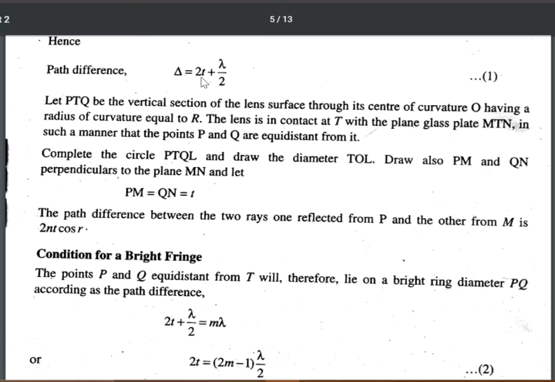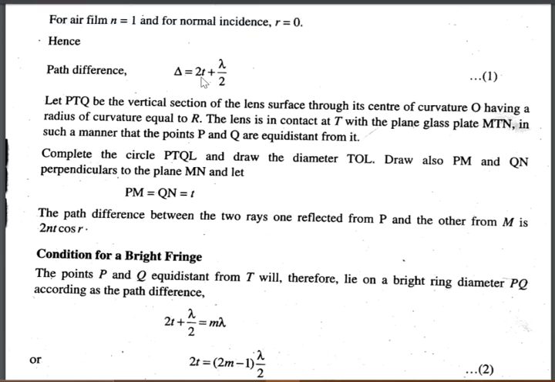Net path difference delta is 2t plus lambda by 2, that is equation 1. Let PTQ be the vertical section of the lens surface through its center of curvature O, having radius of curvature equal to capital R. The lens is in contact with the glass plate at point T. Glass plate is MTN in such a manner that the points P and Q are equidistant from it.